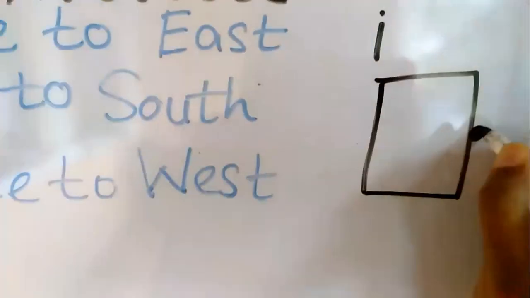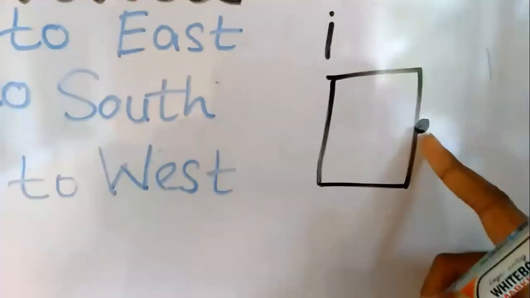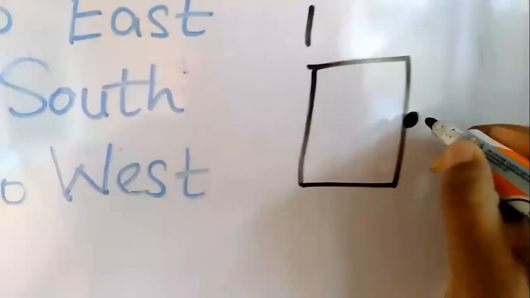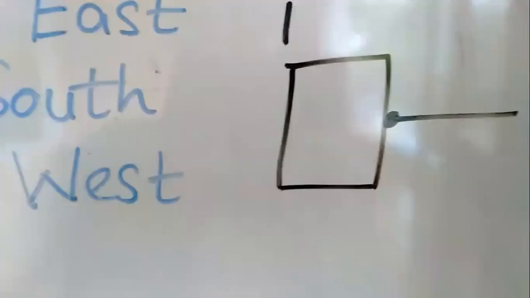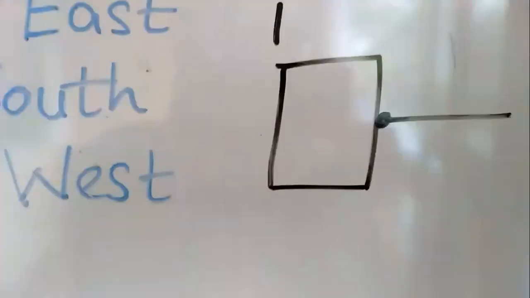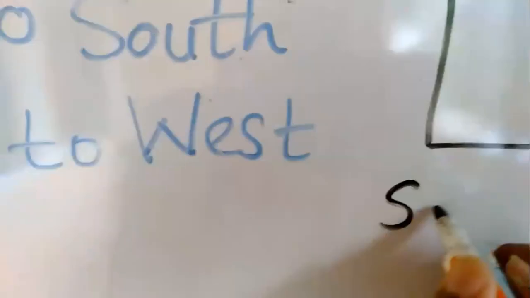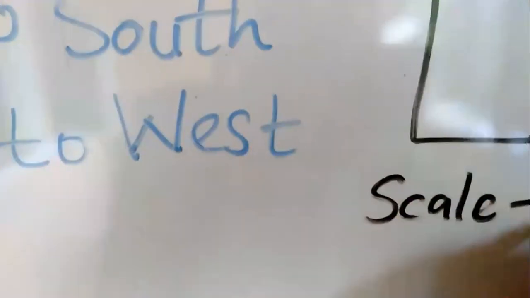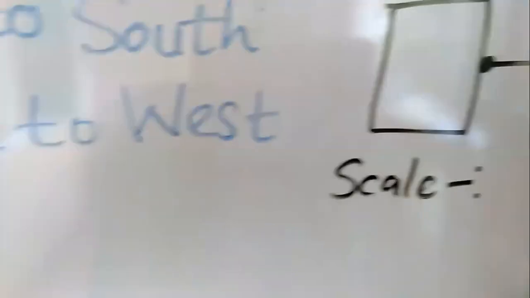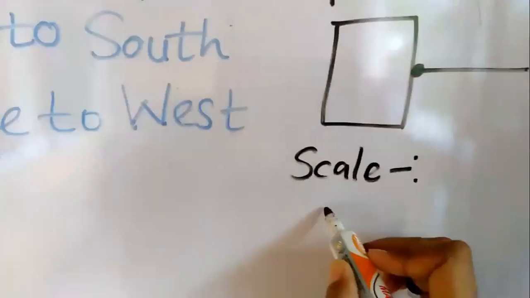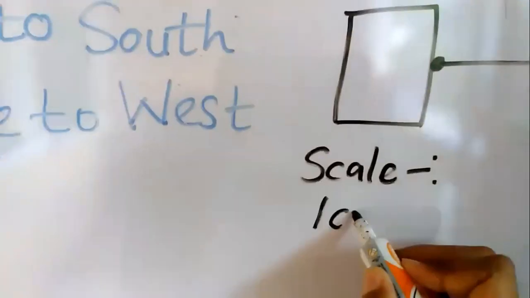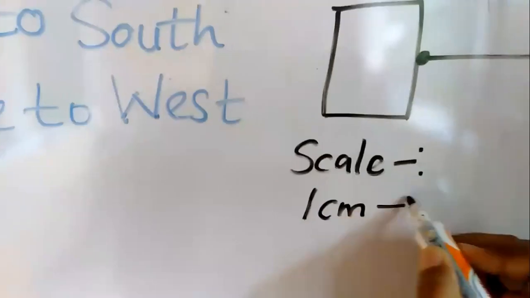I will represent point of application by a dot and magnitude by length. So right here scale, we are representing 20 Newton. So in 1 cm we can represent 10 Newton.